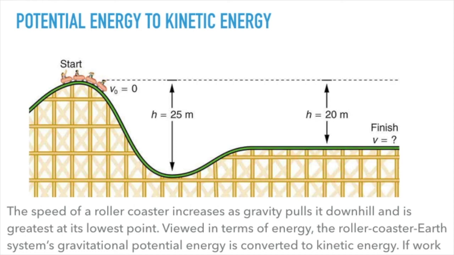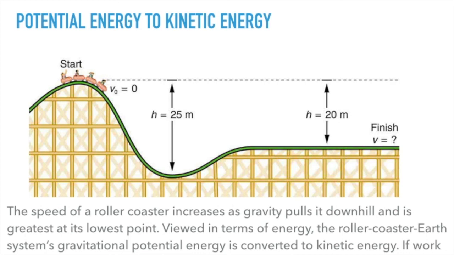Now I want to define two points that I'm looking at, and ignore everything in between. For my roller coaster, that's starting at the top of the hill and ending over here. This is just the notation I like to use, because sometimes you will look at something happening at a third point.